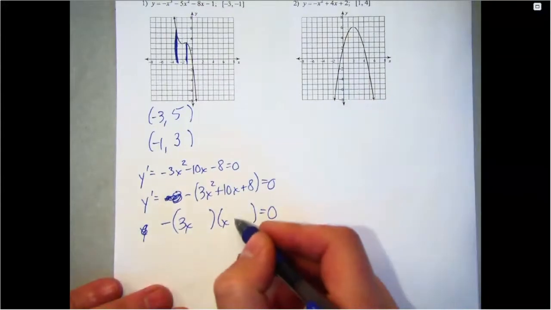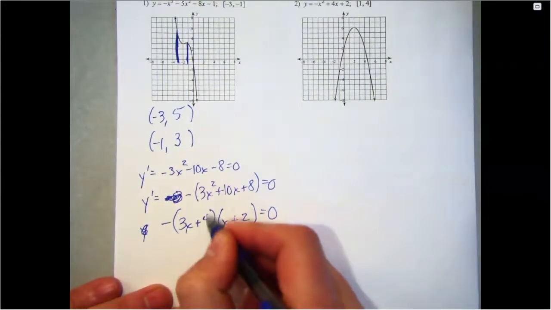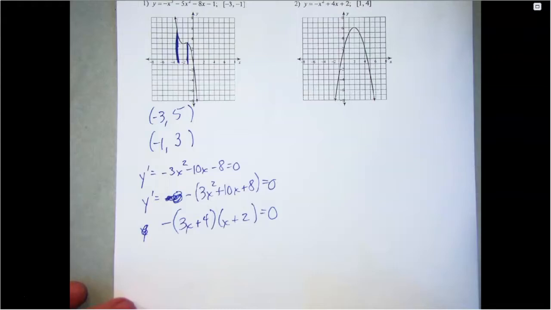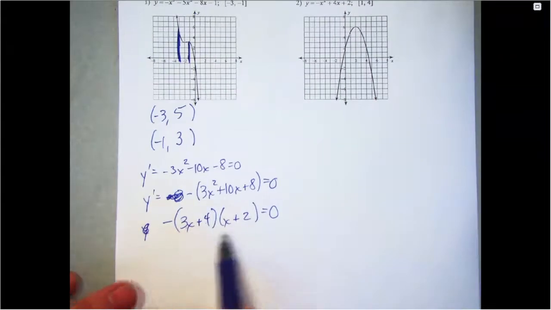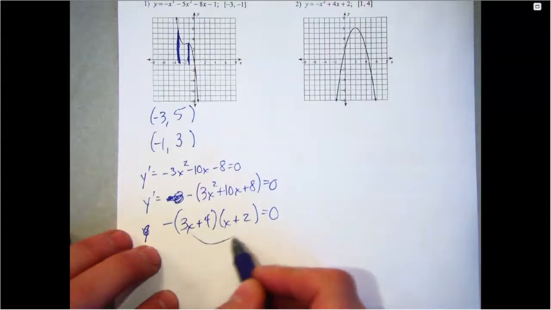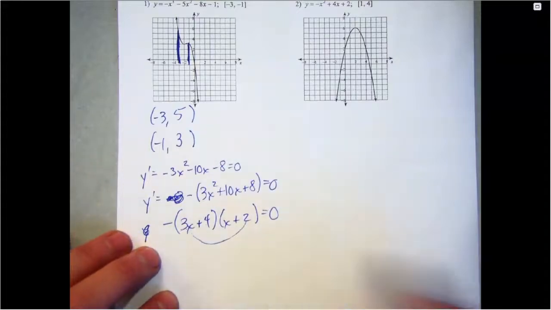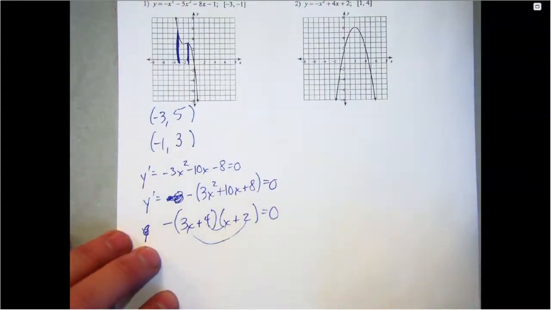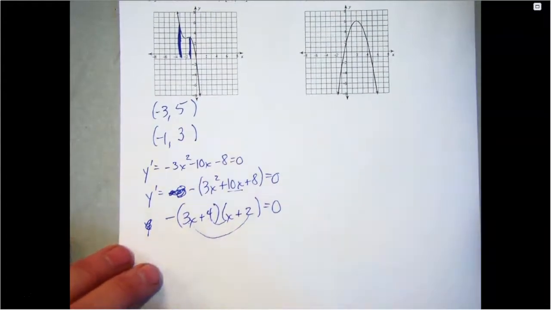So if you put 2 there and 4 there, 3x plus 4. So when you FOIL this, what's this times this? xx, and what's this times this? 4x, and what are the two add up to? It's 10x. So that's what you're looking for. And then it's factored, and I'm going to solve it.